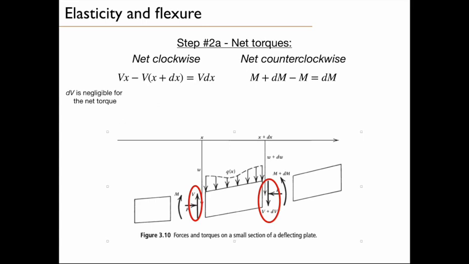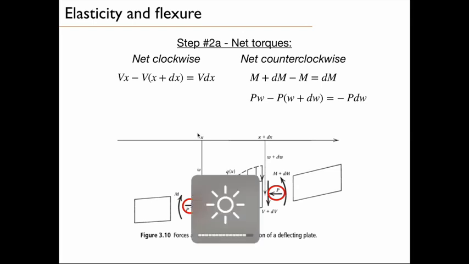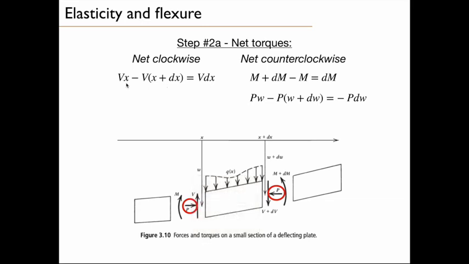Then comes the effect of the horizontal force. So we have P, which is now acting horizontally. It will act in the middle portion of the plate. The vertical position of this middle portion is W on that side and W plus dW on the other side.